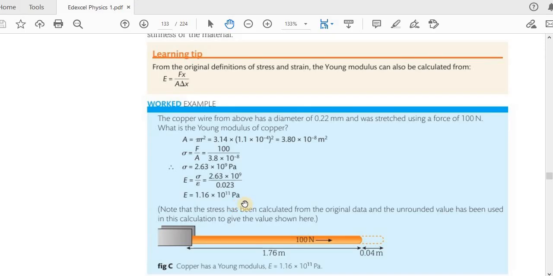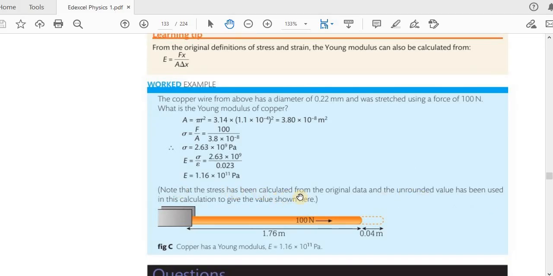Now you see Young modulus has the same unit as stress or pressure, which is pascals, because the strain doesn't have a unit, its units cancel out, because strain is extension over original length. Note that the stress has been calculated from the original data and the rounded value has been used in this calculation to give the value shown here.